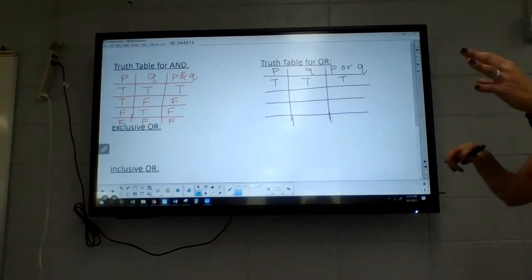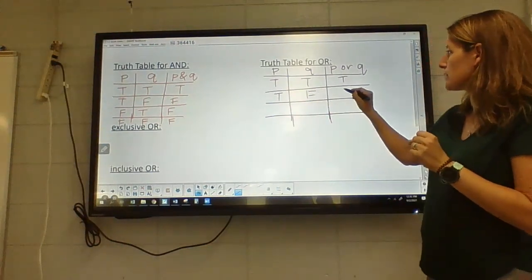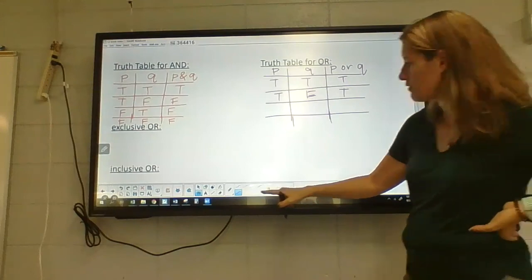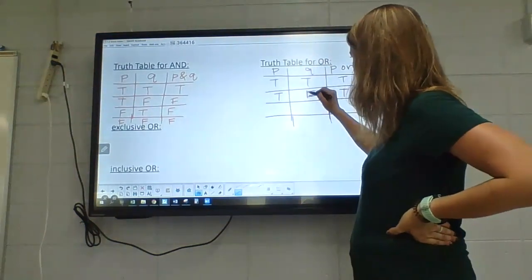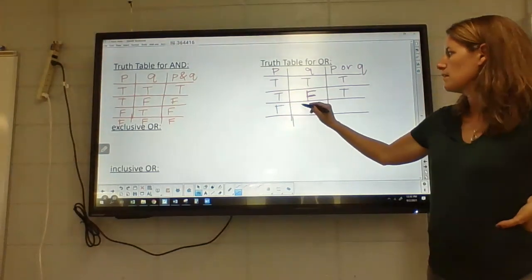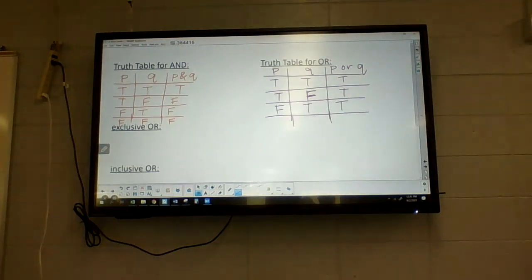But then one or the other can say yes, so this now is true, and the flipped version is also true. The only one that's false is if they both say no. You get a no from one, you go to the next one, they also say no, yikes, you're out of luck.